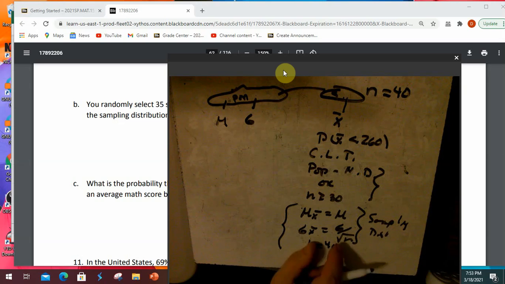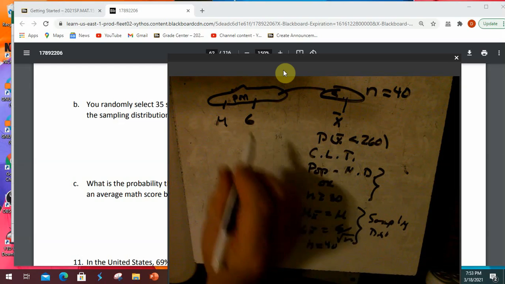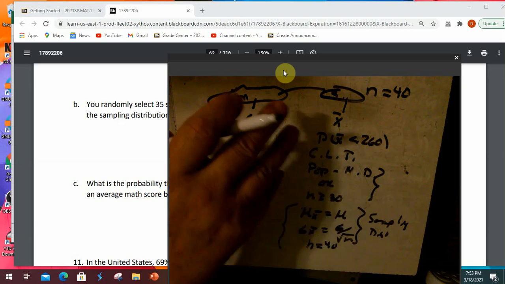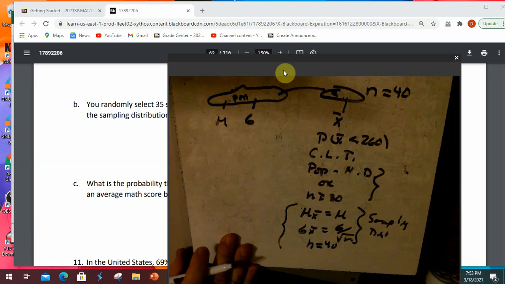I took a bunch of samples of 40, averaged them out. The mean of the means of those samples was the mean of the population. If I had all the data, this would work out to be what that is, okay?